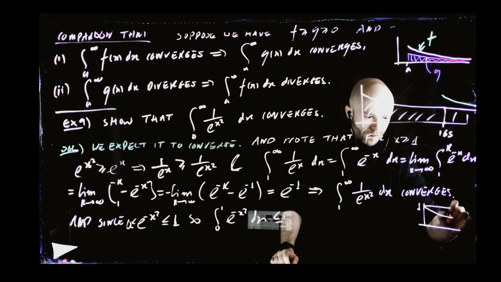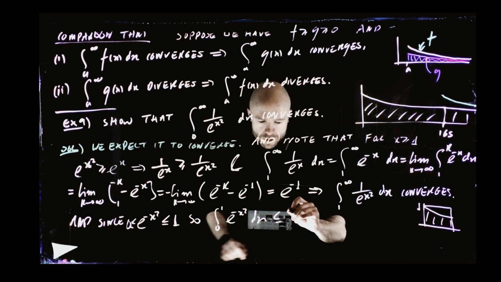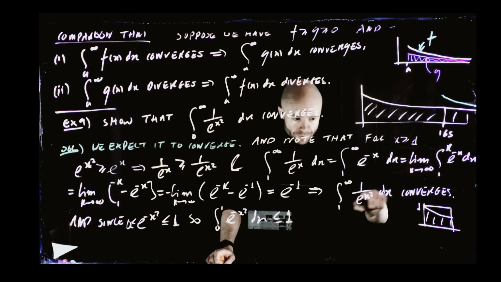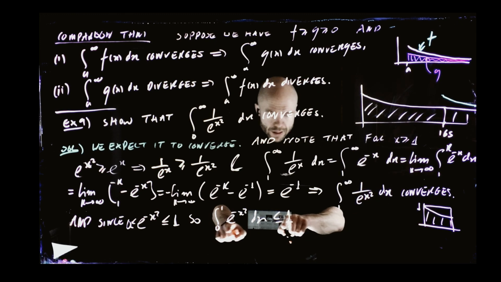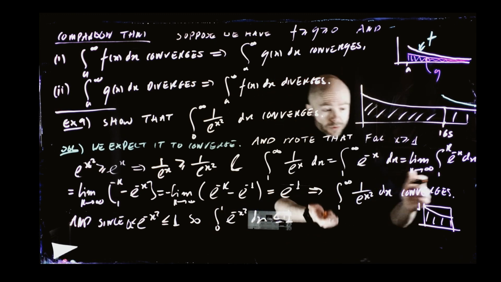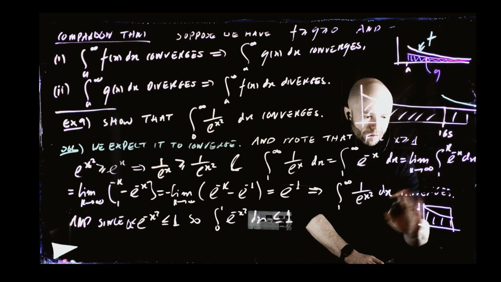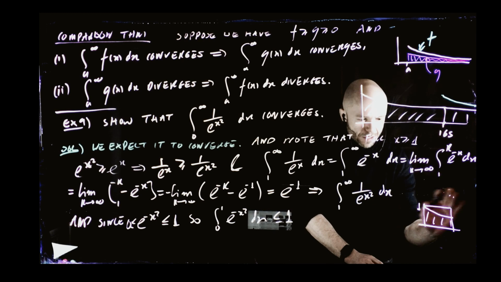This is our function, right? So this area is less than 1 times 1, so this is less than 1. Putting these two things together, the fact that this is less than 1 and this guy converges, in fact, since we've made this calculation, we even know that this thing is less than e to the minus 1.